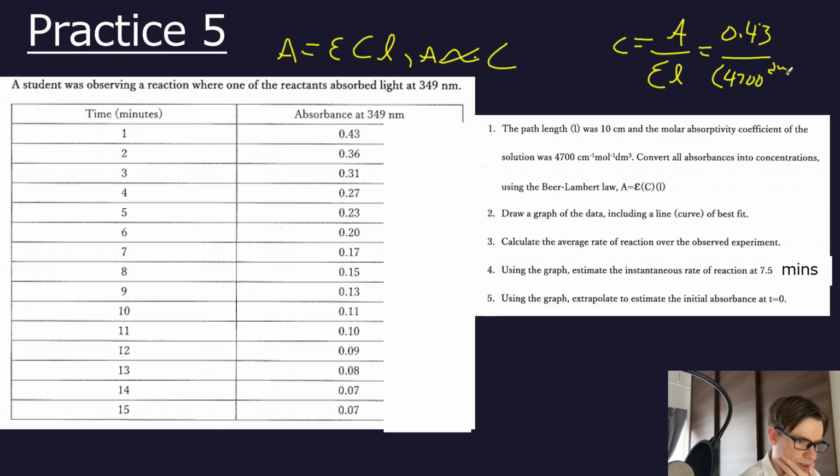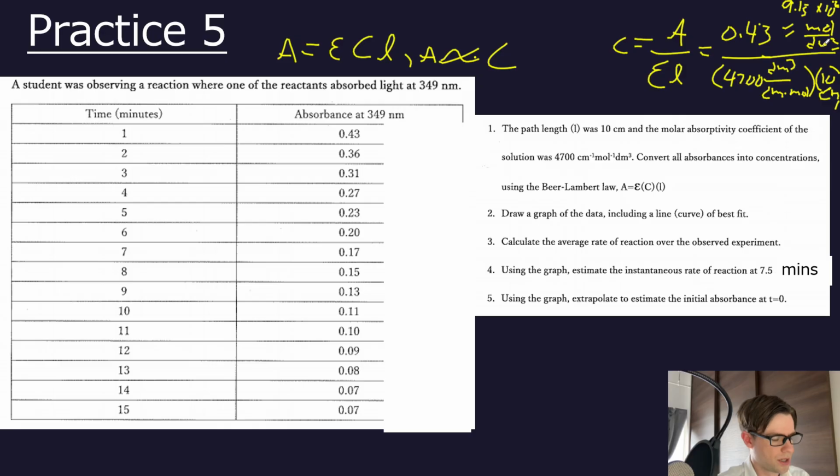So that will look like decimeter cubed per centimeter mole, like that. And then the path length is 10 centimeter. Anyway, this ends up giving you a value of 9.15 times 10 to the minus 6 mole per decimeter cubed. Sorry, I'm out of space.